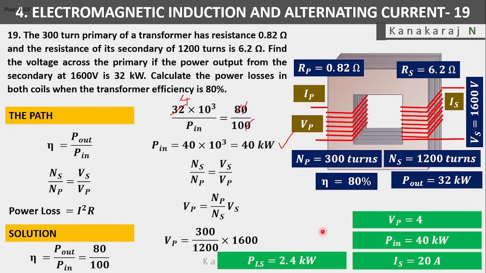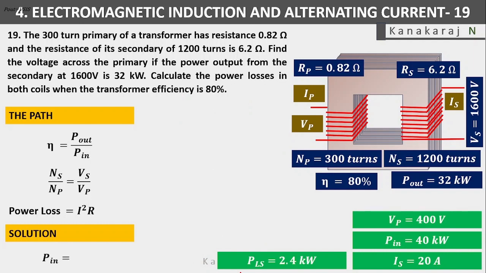We get the voltage across the primary coil equals 400 volt. So you can simply cancel this part, right? So look at here, this is 1 time, this is 4 times, right? This 4 is 1 time and here you have 4 times, right? These two zeros cancel these two zeros. Good.